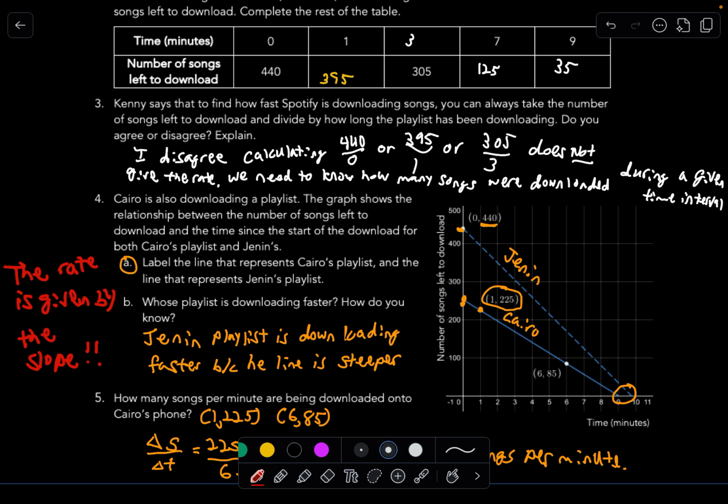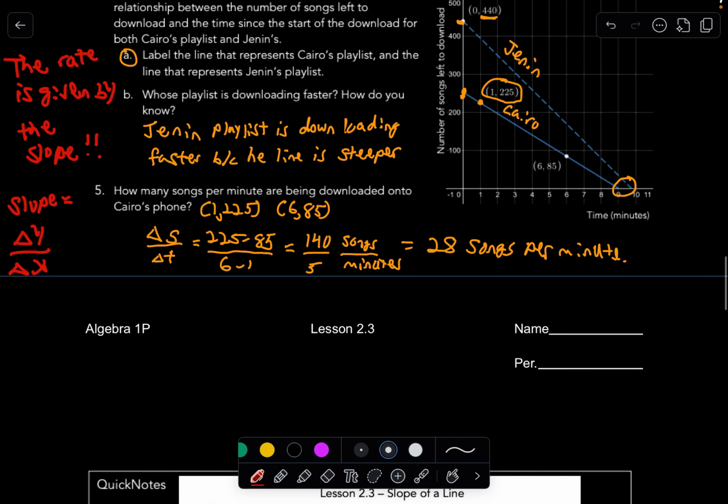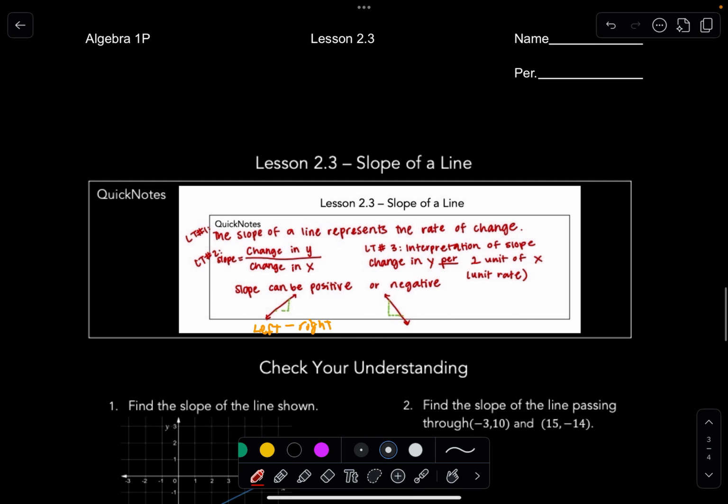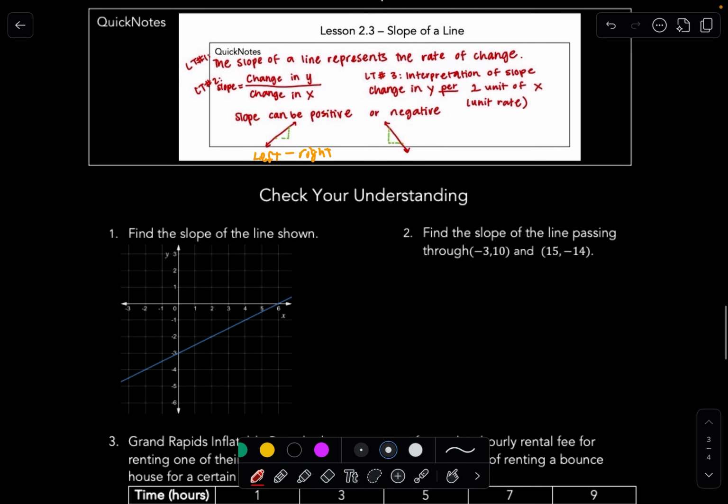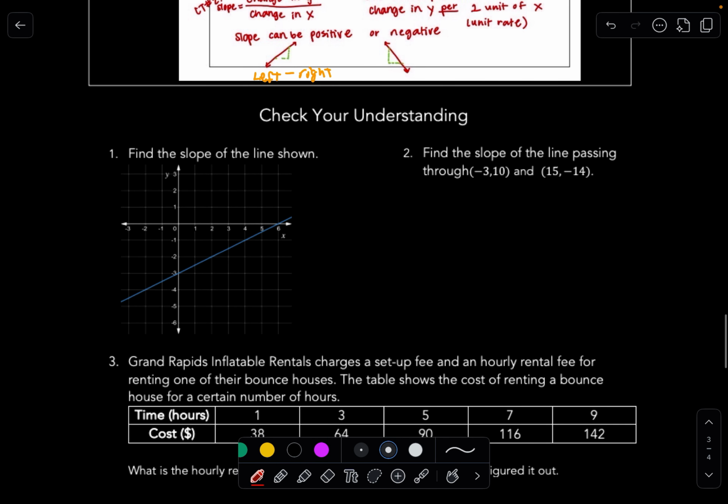And slope equals change in y over change in x. All right? And then those are the learning targets. And so now do the check your understanding. Pause it, do the check your understanding.